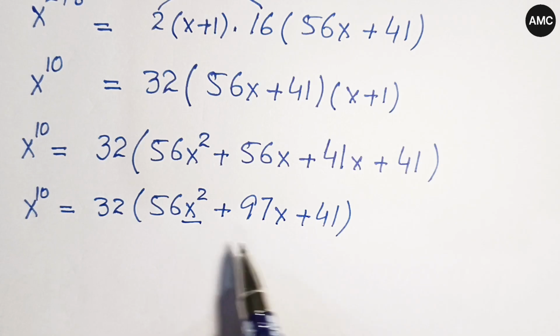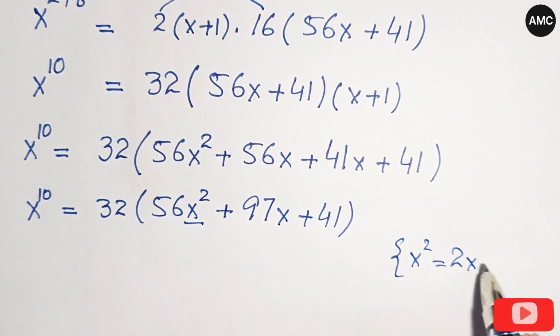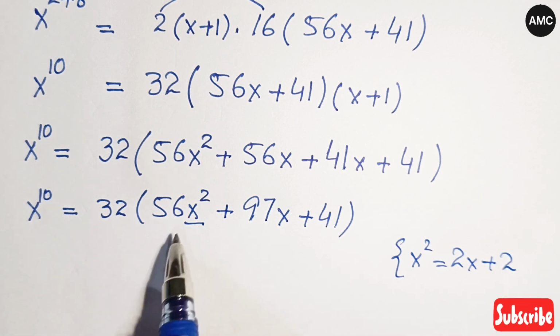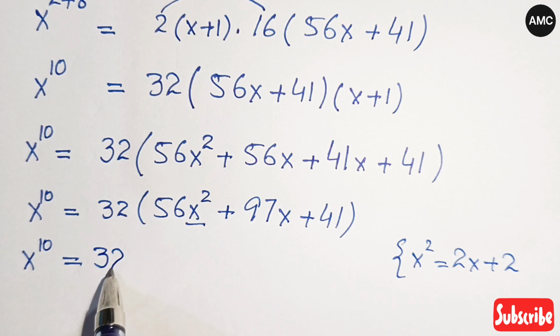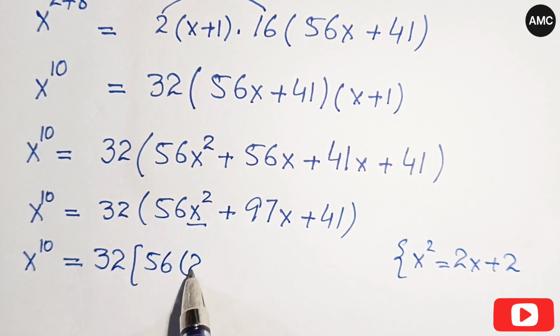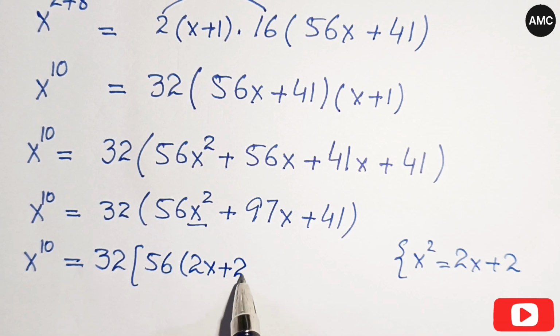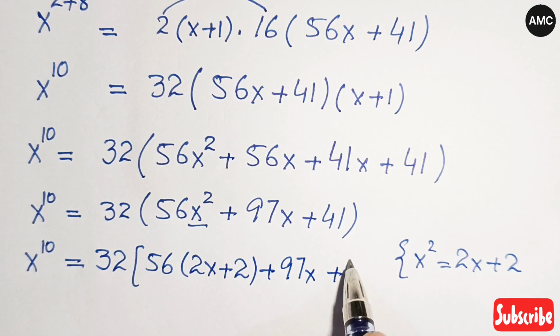Now we know that x squared from equation 2 is equal to 2x plus 2. Putting this value here, x to the power 10 is equal to 32 multiplied by 56 times 2x plus 2 plus 97x plus 41.